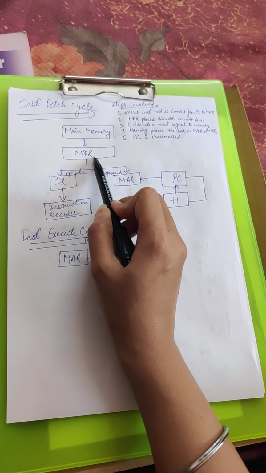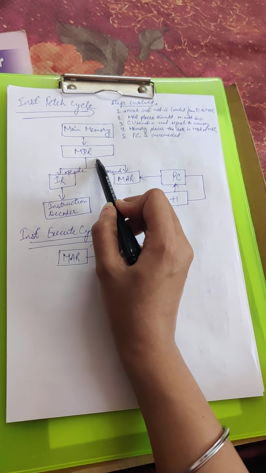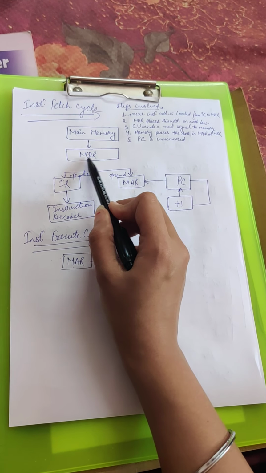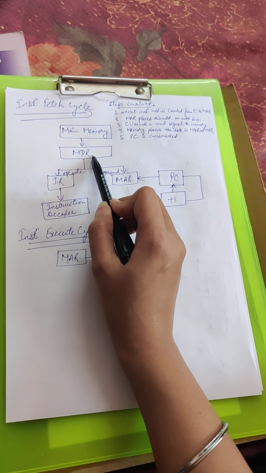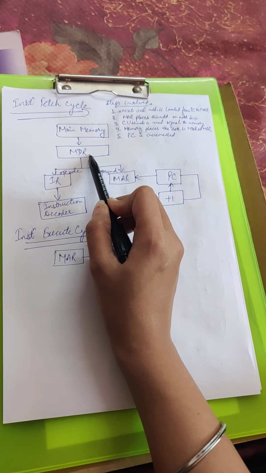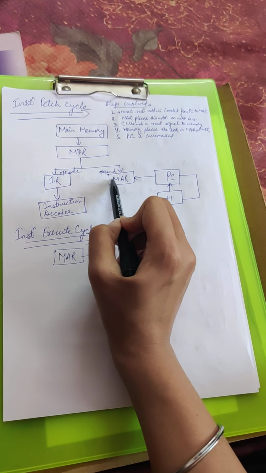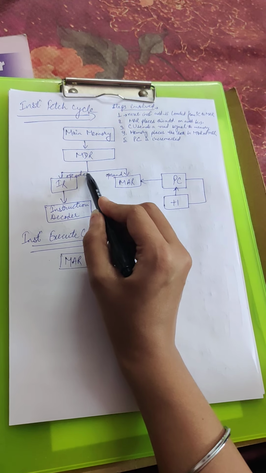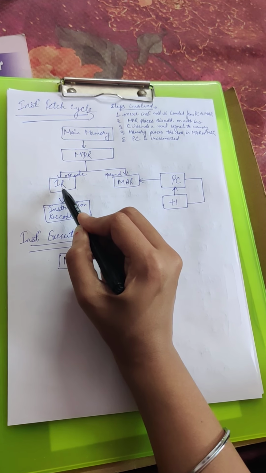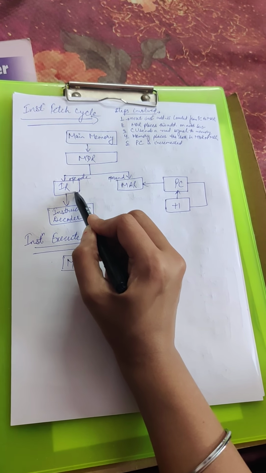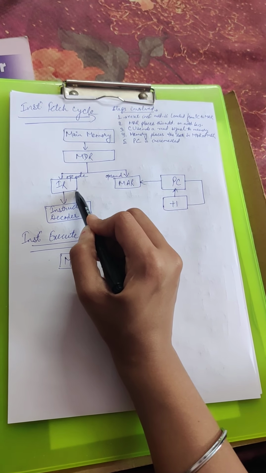MDR is the memory data register, means data from the memory is stored in it. This instruction consists of two parts, opcode and operand. So from MDR, the opcode part is placed in IR, the instruction register.